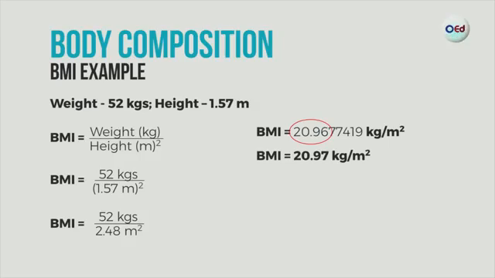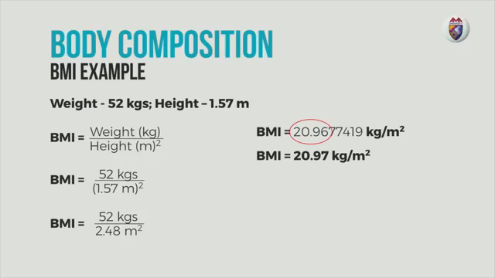In the example, the person has the following height and weight measurements: a weight of 52 kilograms and a height of 1.57 meters. Recall that the formula for computing BMI is this: your weight in kilograms divided by your height in meters squared. Let's now put the values to resemble the formula.